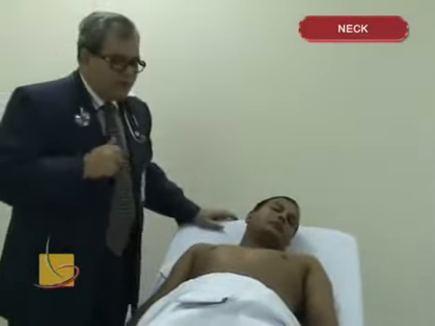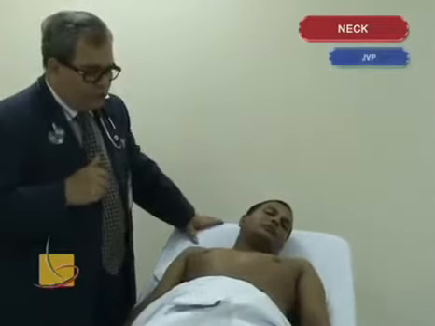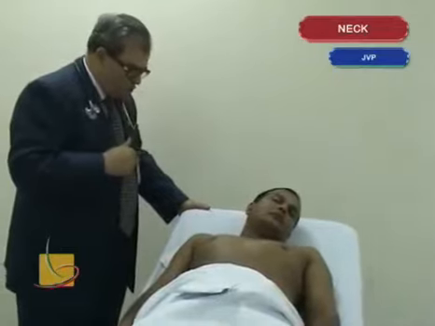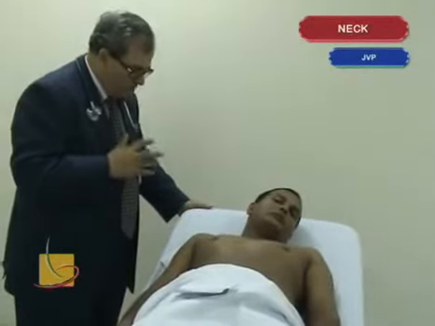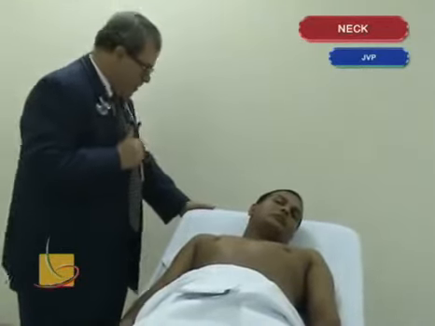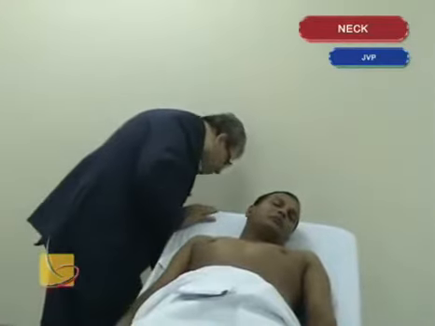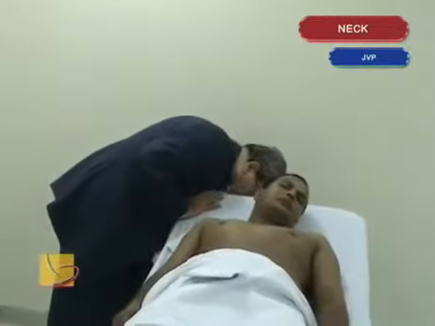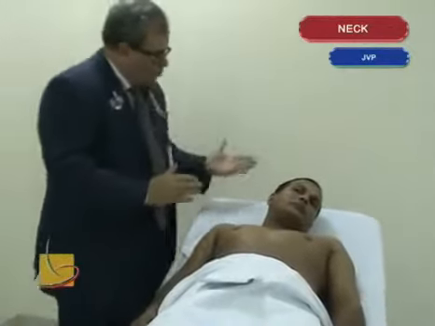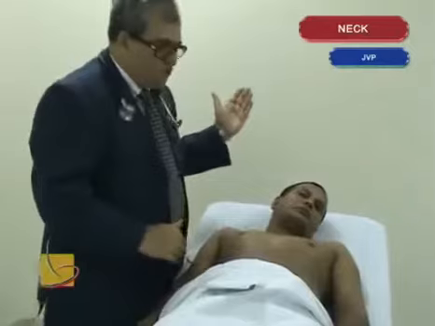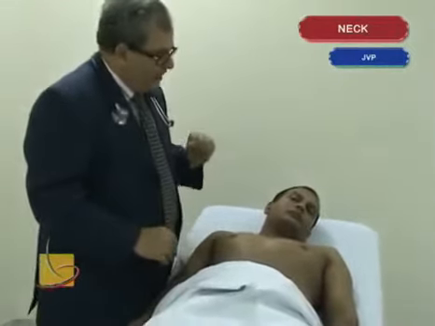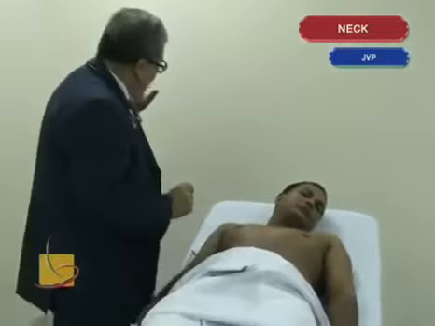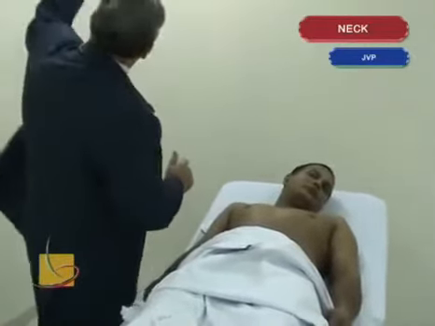To start examining the jugular venous pressure, we have to raise the head of the bed to an inclination of 45 degrees. I wonder if we can do this one or not. Suppose this is, definitely we cannot, this is the maximum inclination, but we have to start at 45 degrees. And at 45 degrees, we have to have very good light, like this light.